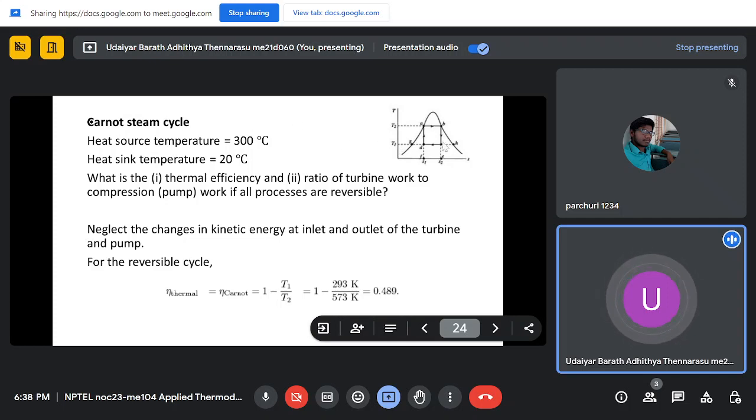The source temperature is 300 degrees Celsius, and the sink temperature is 20 degrees Celsius. That is given, and we are asked to find the thermal efficiency and the ratio of turbine work to compressor or pump work. So the ratio of works: what you are giving in, and what you are getting out.